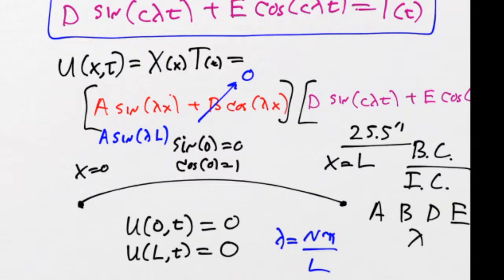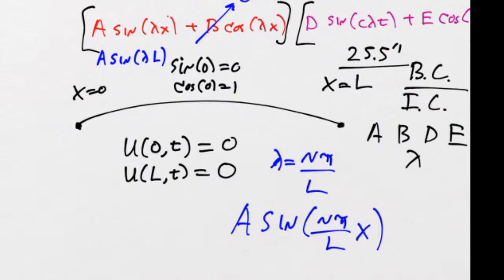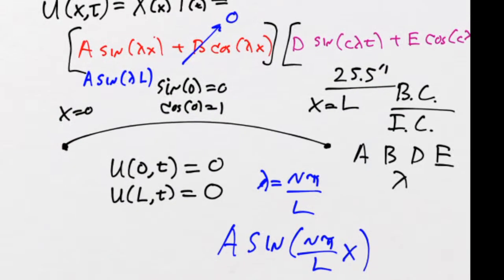Because now if lambda is n pi over L, then the function itself has the form a sine n pi over L times x. And when x equals L, you get sine of n pi, which equals 0 for all n. But notice there's two really important things here. N is an integer, and in fact, we're only going to consider the positive integers.